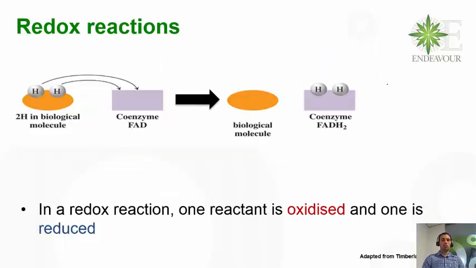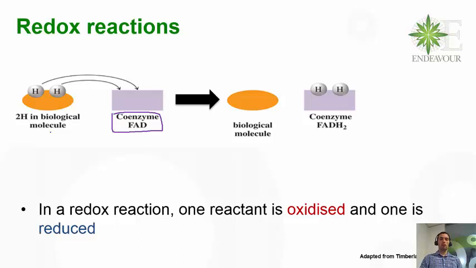So redox reactions are very important processes to metabolic pathways, and one of the key components to this is coenzymes like FAD. We'll see a lot more of these in the metabolism section of the course. But essentially what the coenzymes can do is they can behave as the component that's going to accept the hydrogens off a biological molecule, for example, a carbohydrate or a protein, whatever's being modified in the chemical reaction.